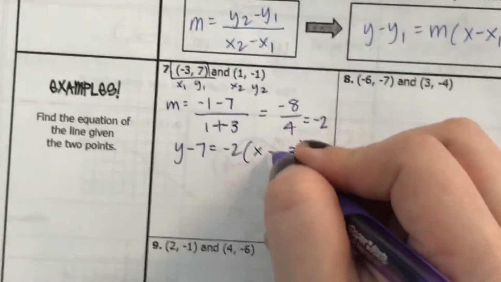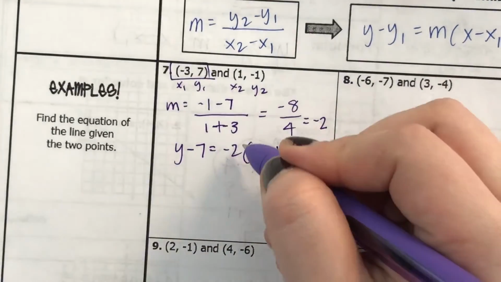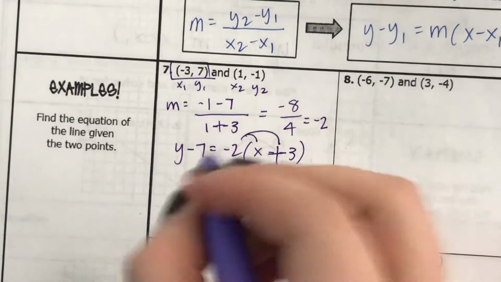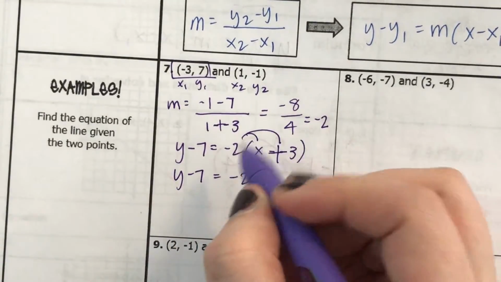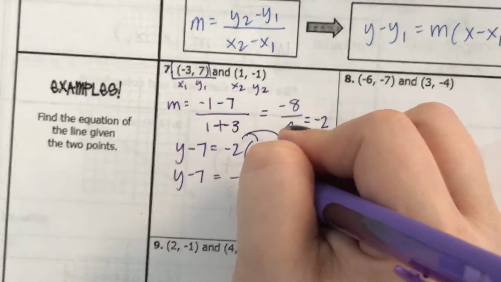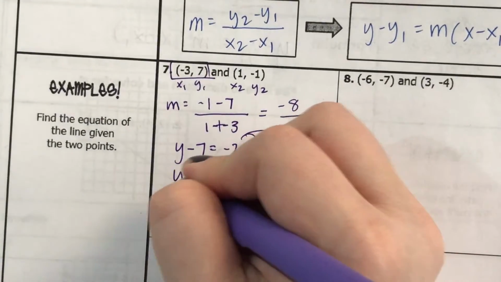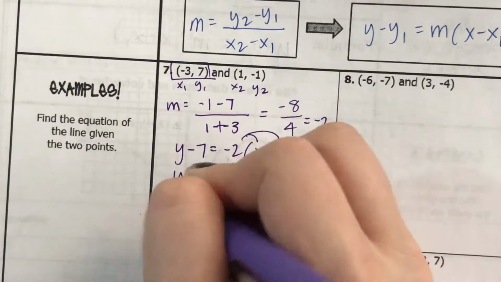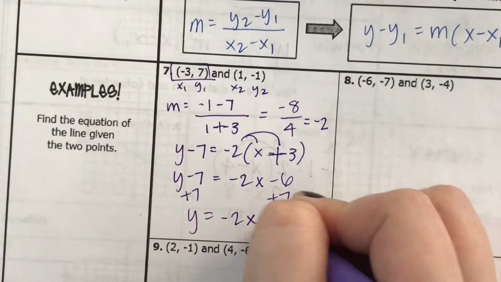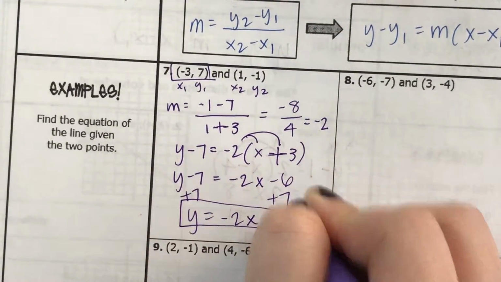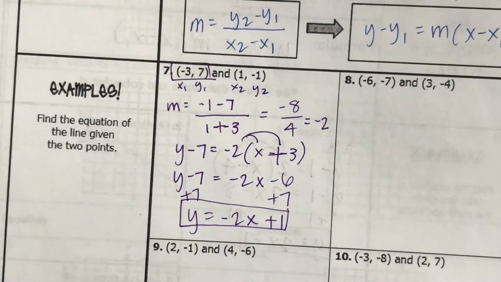Okay, minus minus makes plus, distribute, y minus 7 equals negative 2x, negative 2 times positive 3 is negative 6, add 7, y equals negative 2x plus 1. And that's it.